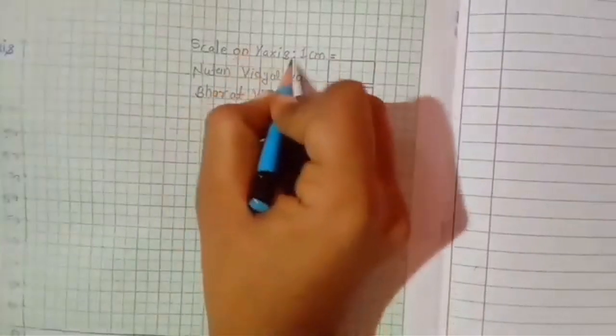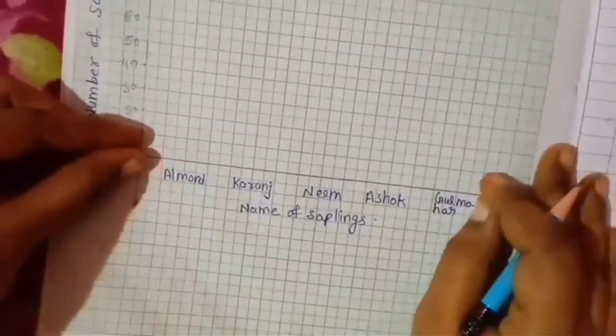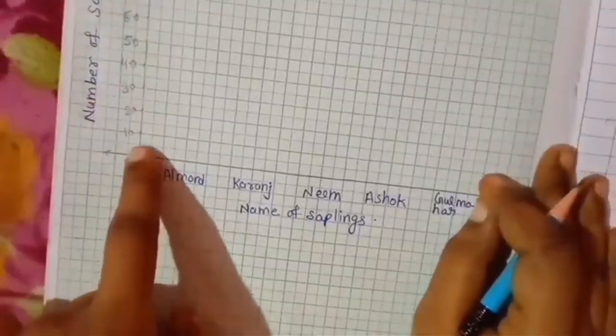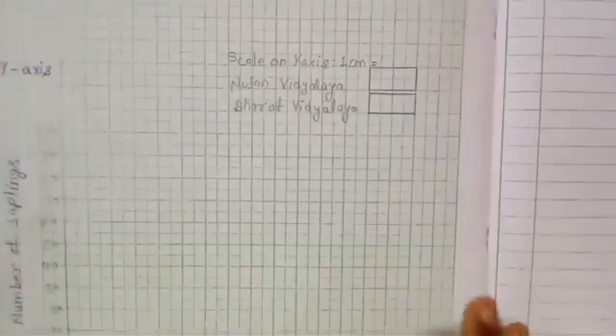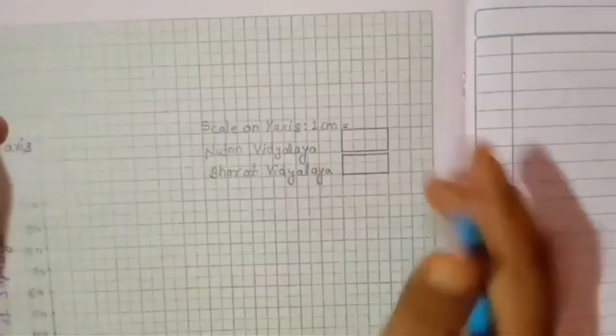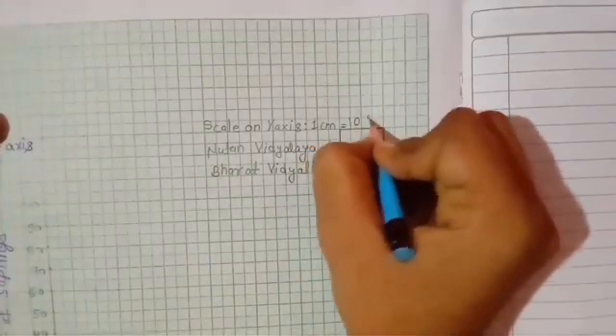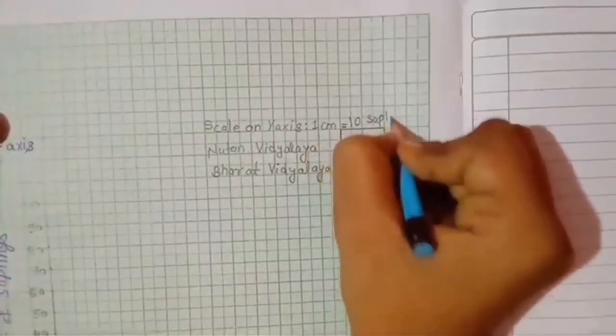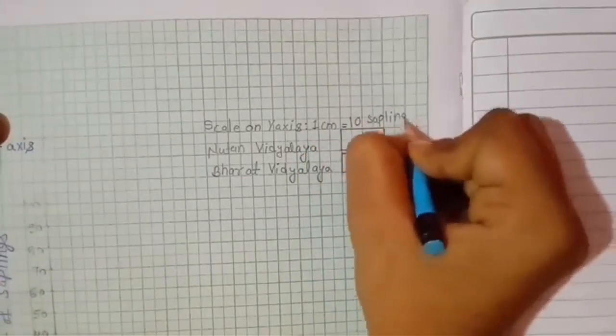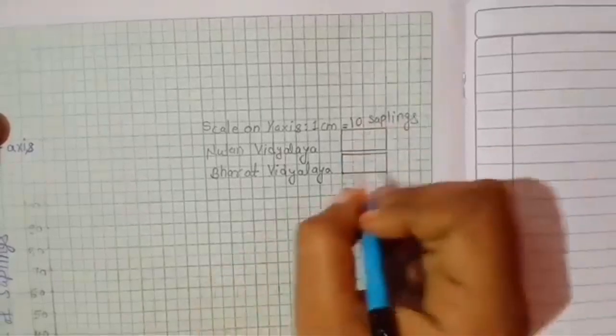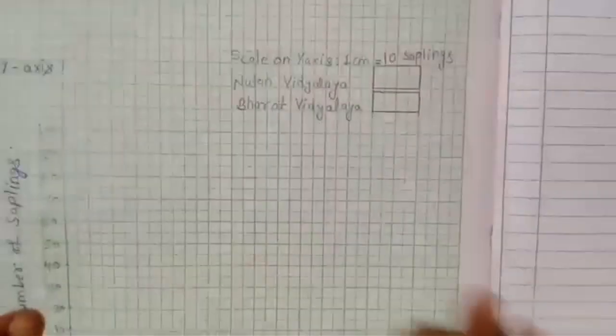And after writing down the names on x-axis, you will write down scale on the top of your graph, that is scale on y-axis equals to, you have taken 1 centimeter equals to 10 saplings. So here in your question number of saplings is given, so you will take 1 centimeter equals to 10 saplings.